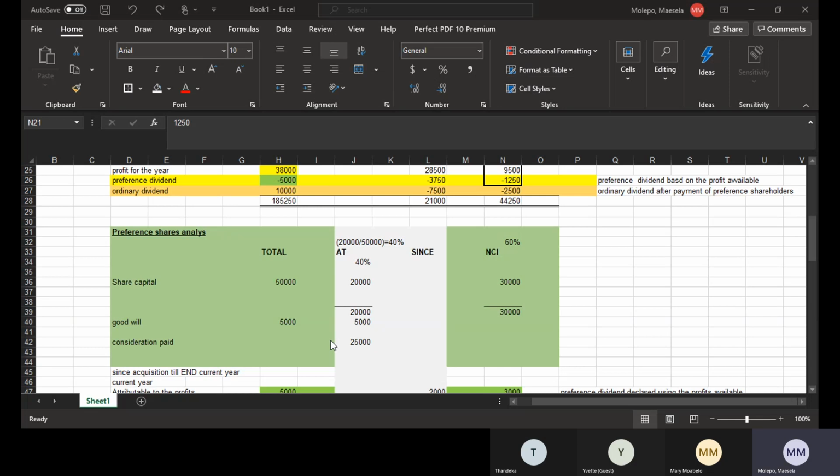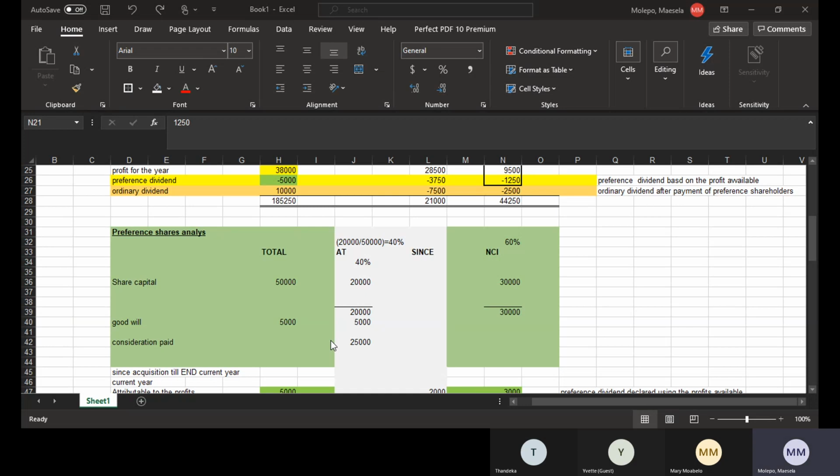Now is the goodwill. The goodwill is the goodwill from the ordinary analysis plus the goodwill from the preference analysis. When you add them together, they give you 13,250. Now we go to the current assets: the inventory of 25,000 for the parent, plus the 60,000 of the subsidiary, then plus the 3,000 of the inventory in transit.